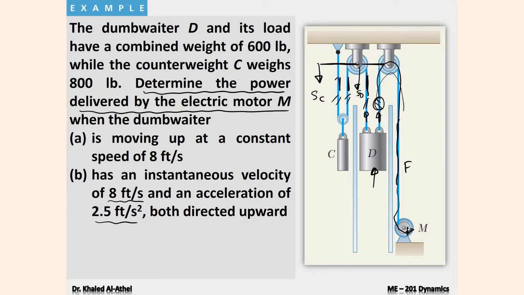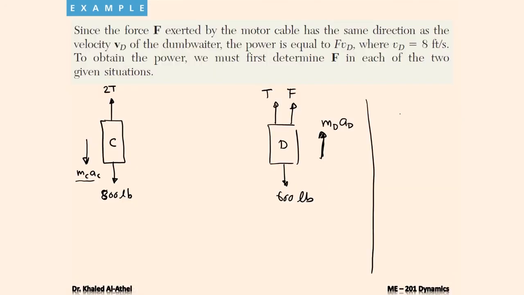So what I have is 2 SC plus SD should equal L. This gives me 2 VC plus VD equals 0. This gives me 2 AC plus AD equals 0.